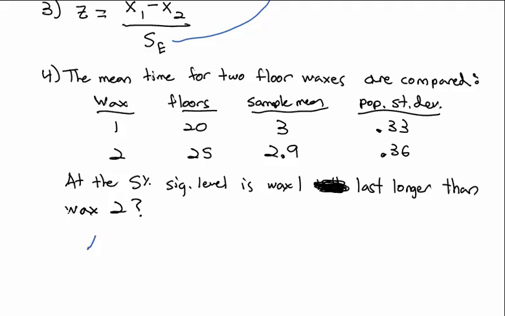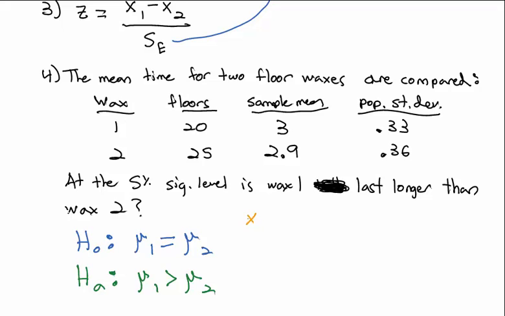Well, we should start with, always first, the null hypothesis is that the mean time for wax 1 is the same as the mean time for wax 2. The alternative hypothesis is what we're trying to prove, that the mean time for wax 1 is actually longer than the mean time for wax 2.